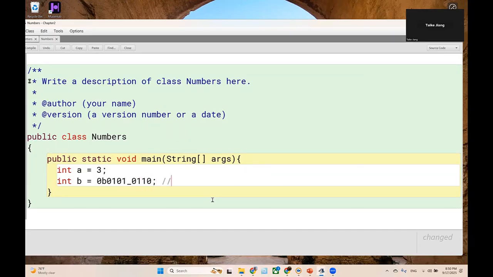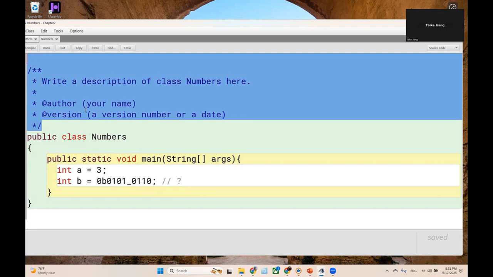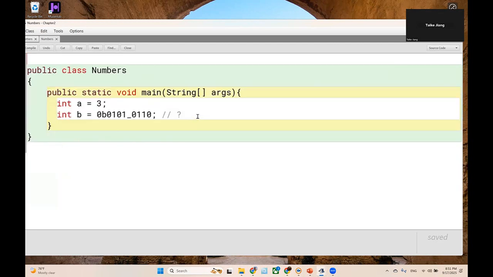So what does this mean? I'm not sure. You have to study ahead. That's the part you need to study ahead. That means you haven't touched this part. This one is the binary representation.